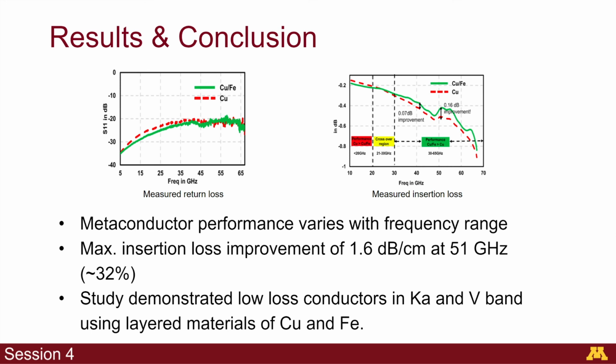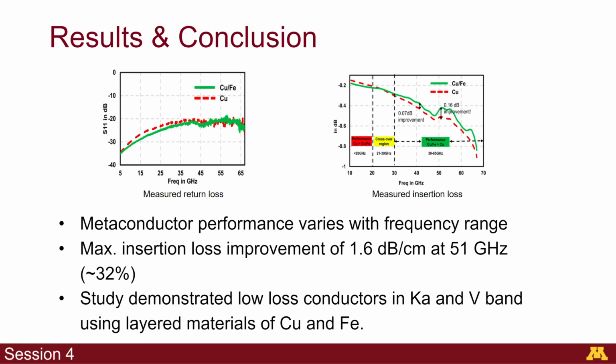Here are the results. The metaconductor shows a good return loss of greater than 20 dB up to 67 GHz. In case of insertion loss, they noticed 3 different regions across the frequency range with respect to the copper conductor. As we move from low to high frequency, the metaconductor performs poorly up to 20 GHz.